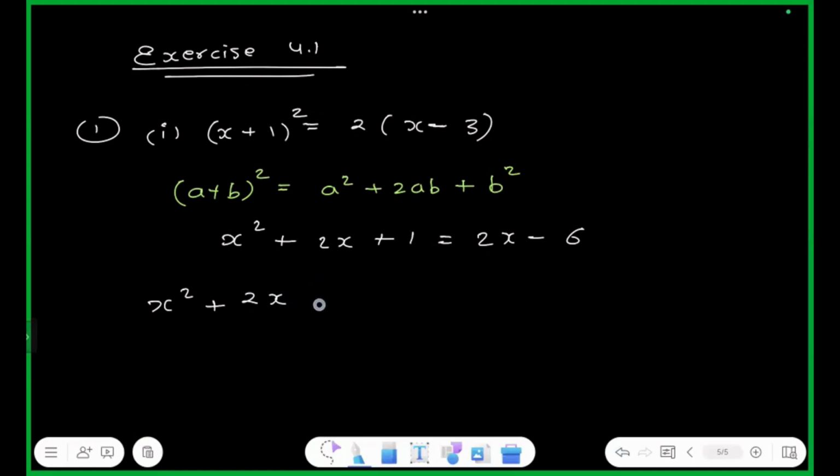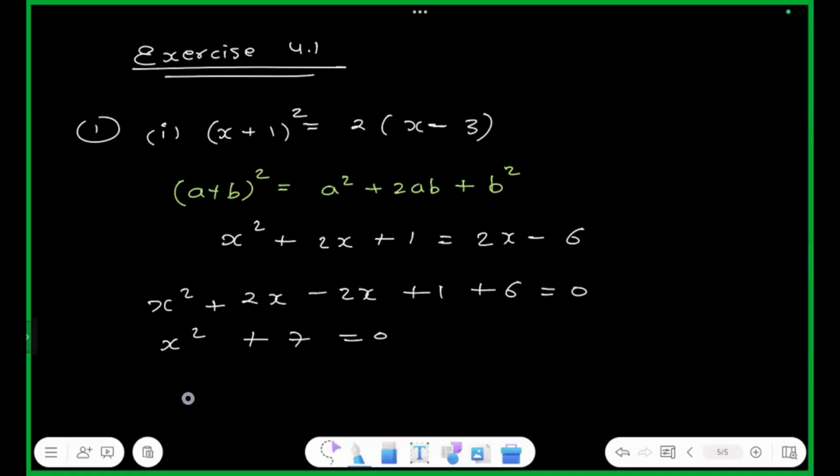So x² + 2x − 2x + 1 + 6 is equal to 0. Now x² will be x² only, the +2x and −2x will cancel, and +1 and +6 will become 7, so 7 is equal to 0. Here I told you that a should not be equal to 0, but b and c can be 0.